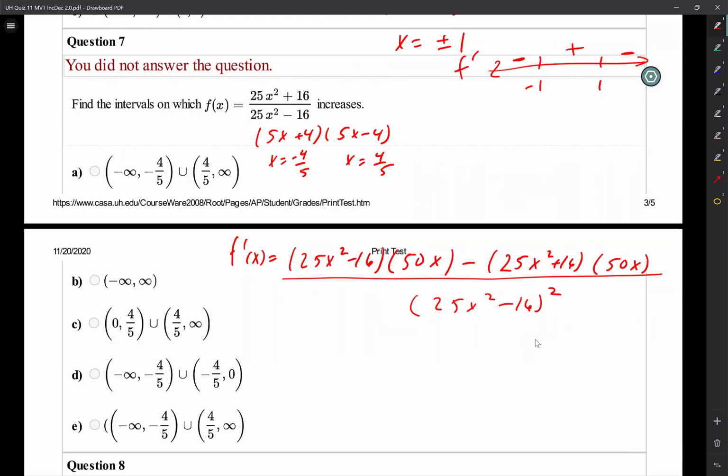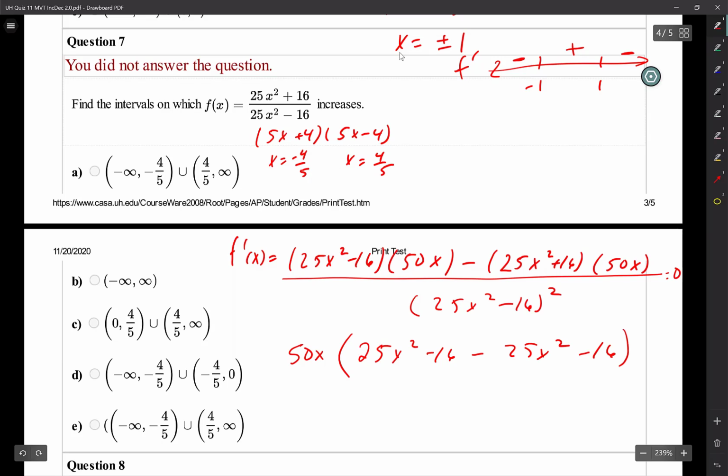Don't worry about it. Equal that to 0. I'm just going to focus on the numerator. Look what I can factor out. A 50x to make life easier. 25x squared minus 16 minus 25x squared minus 16.